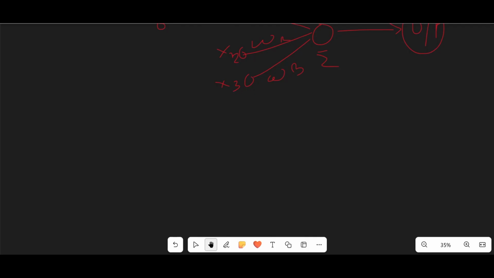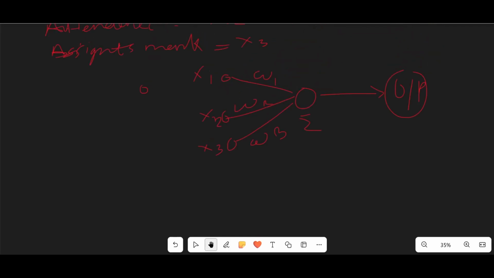Now let's see the simple maths behind it. Each input is multiplied by its weight. Then all the values are added together. Finally the bias is added.